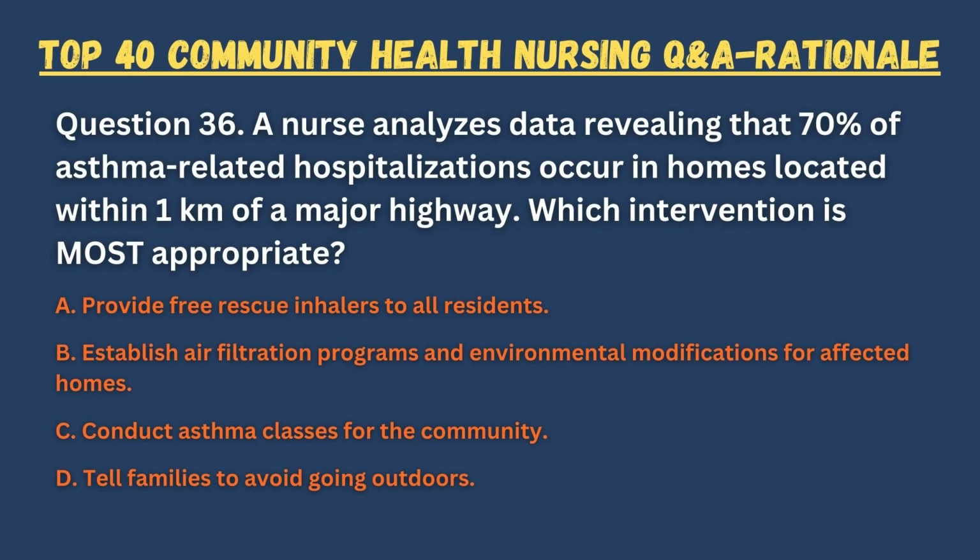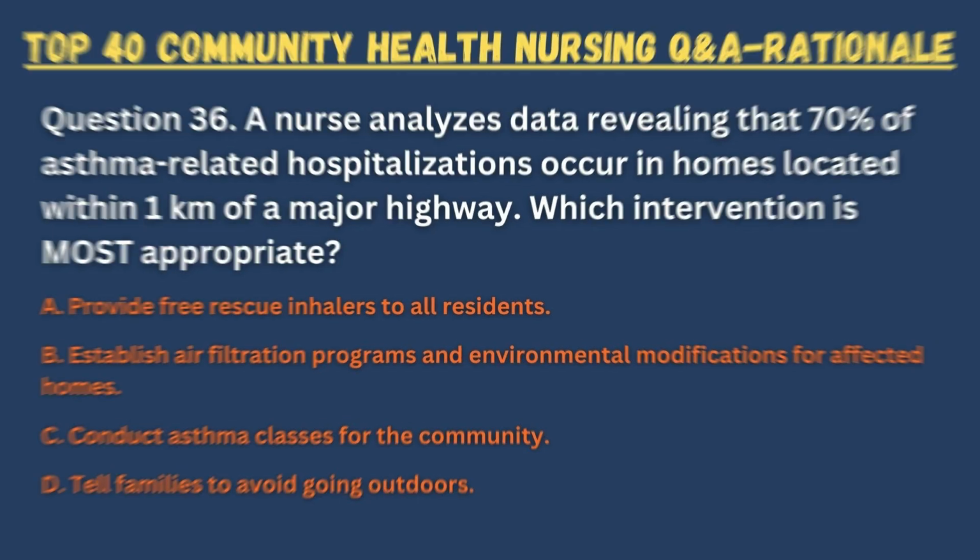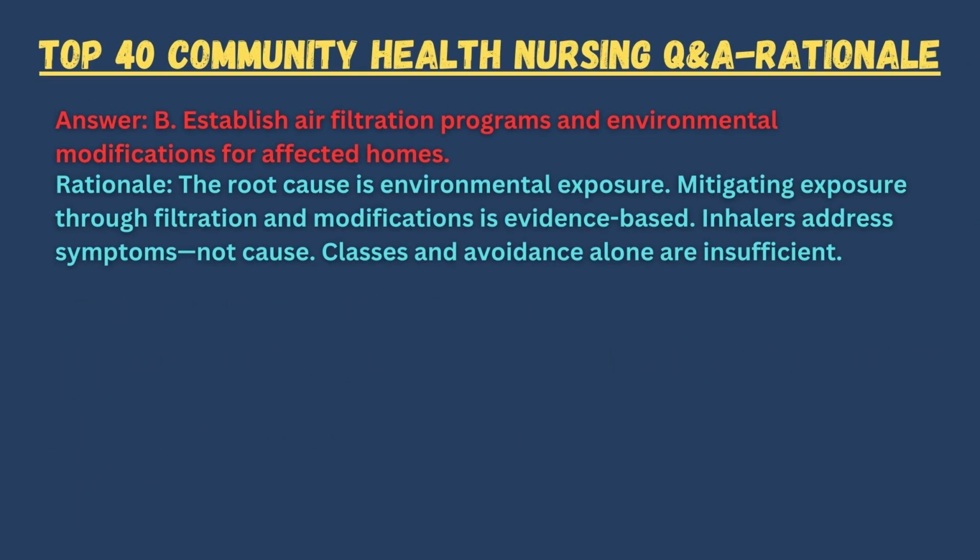D. Tell families to avoid going outdoors. Answer: B. Establish air filtration programs and environmental modifications for affected homes. Rationale: The root cause is environmental exposure. Mitigating exposure through filtration and modifications is evidence-based. Inhalers address symptoms, not cause. Classes and avoidance alone are insufficient.